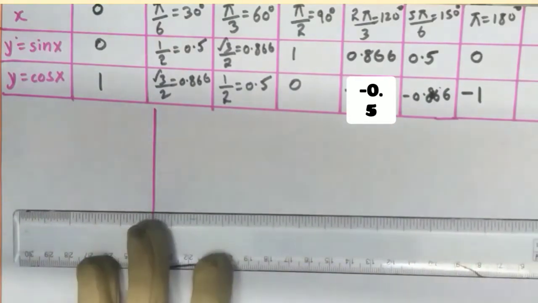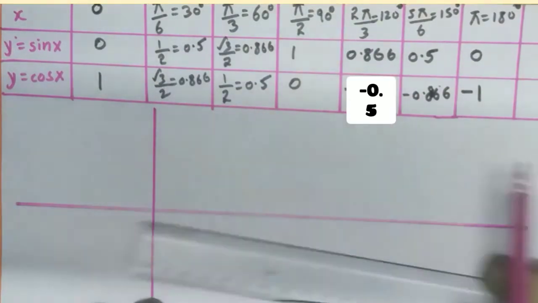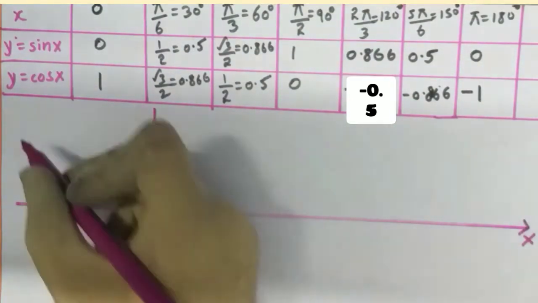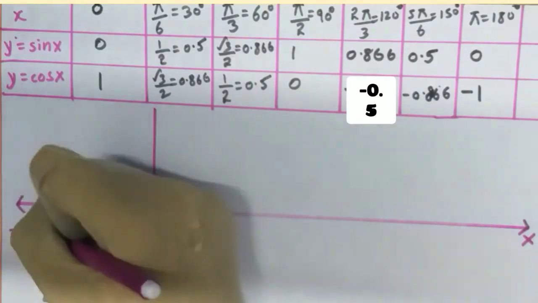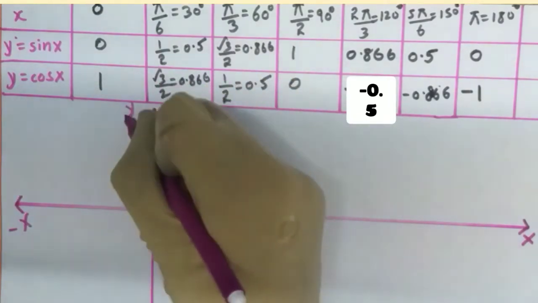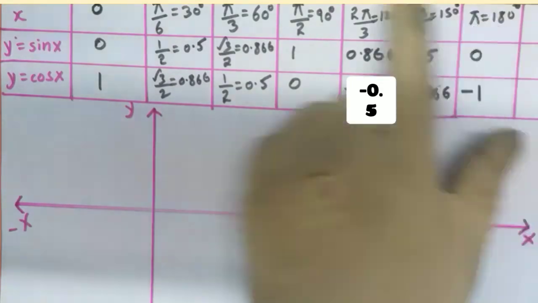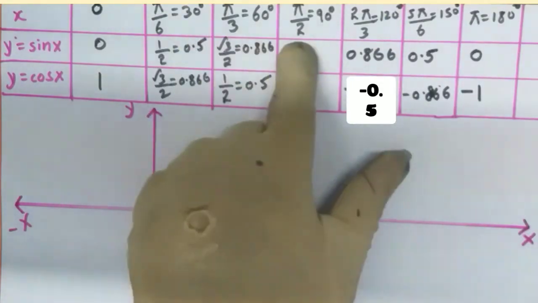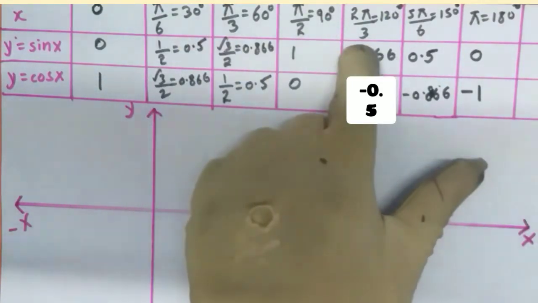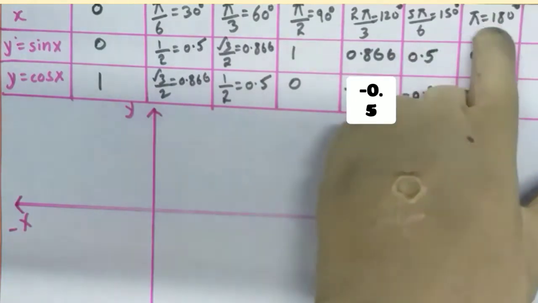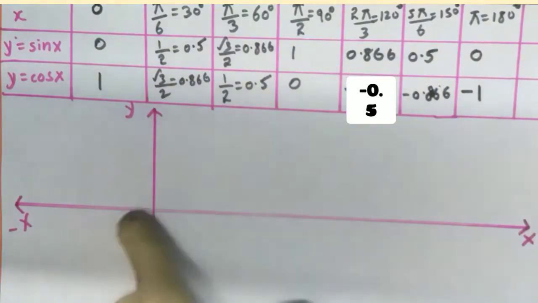So positive x-axis, negative x-axis, positive y-axis, negative y-axis. Since we have on the x-axis 0, 30, 60, 90, 120, 150, 180, that is pi by 6, pi by 3, pi by 2, 2 pi by 3, 5 pi by 6 and pi. Let us plot those on the x-axis.